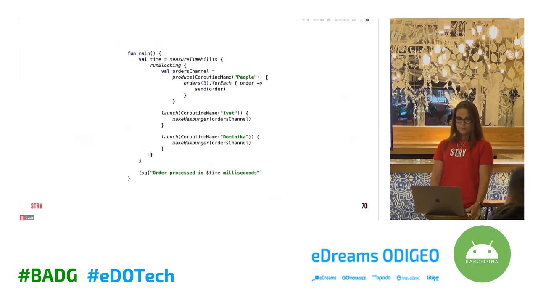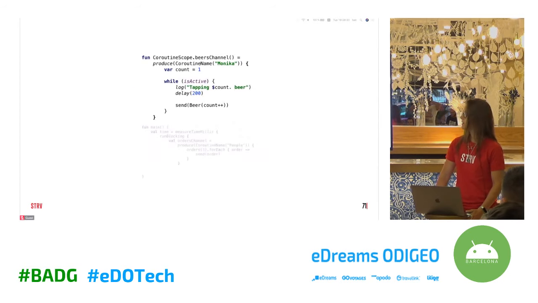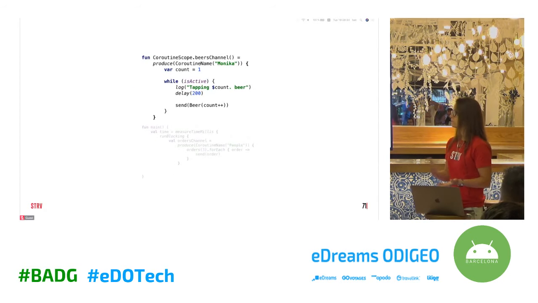So let's first try to implement Monika by using a channel. In the produce coroutine builder, we just log a message that the beer is getting tapped, and when it's ready, we send the beer to the channel.